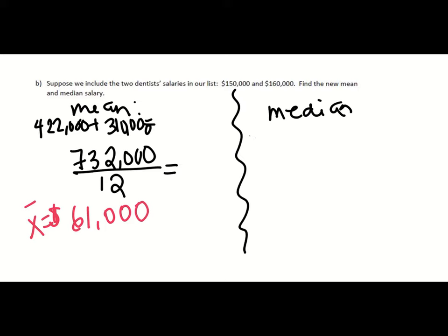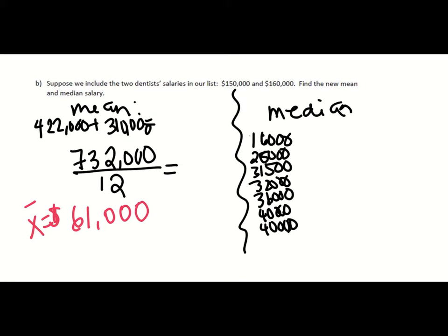So you have your 16,000, your 25,000, your 31,500, 32,000, 36,000, two 40,000s, a 62,000, a 65,500, 74,000.